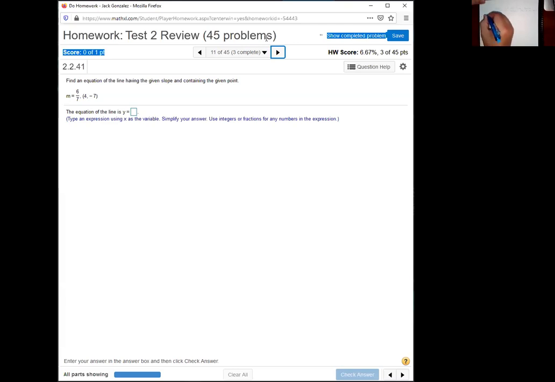So M is 6/7, and the point that gives us is 4, negative 7.